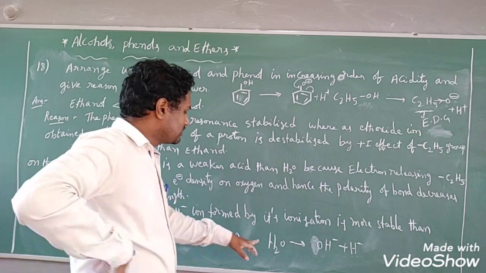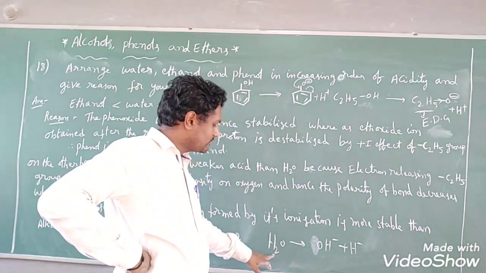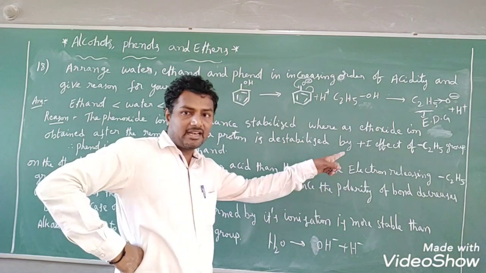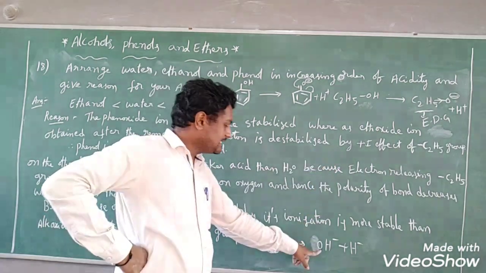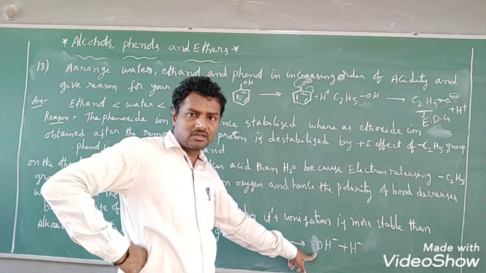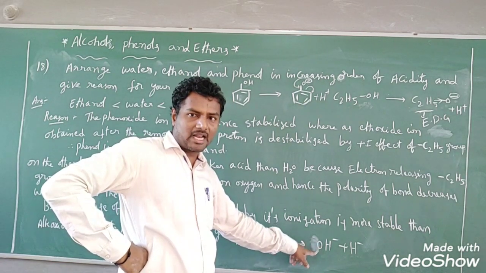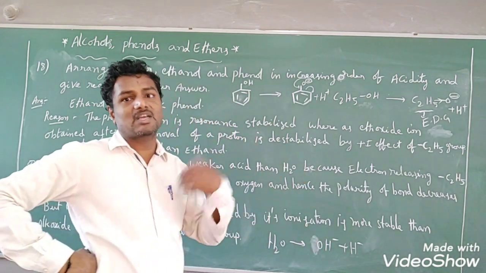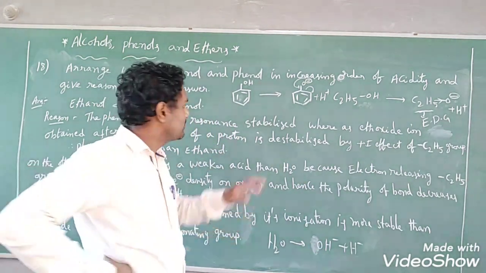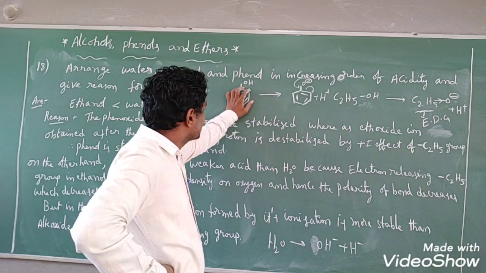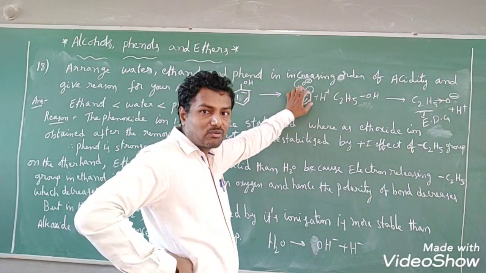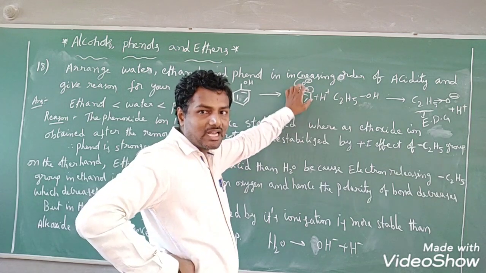So here, due to the absence of an electron donating group, water is more acidic than ethanol. But here, is there any electron releasing group or electron withdrawing group? There is no electron withdrawing group to stabilize it also. But in phenol, the benzene ring, this phenyl group, is somewhat electron withdrawing.